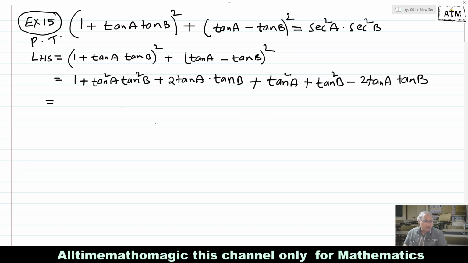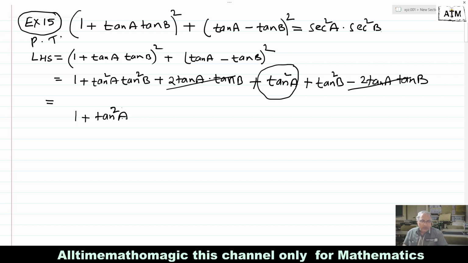After that, this tan square A I am going to shift to the starting position. So 1 plus tan square A, and 2 tan A tan B and minus 2 tan A tan B get cancelled.